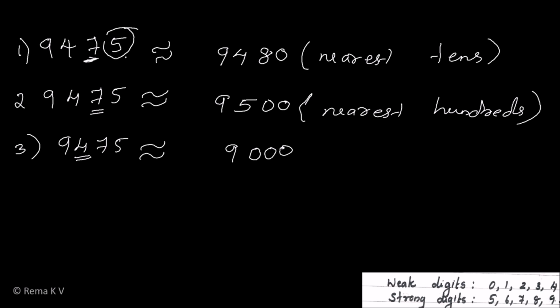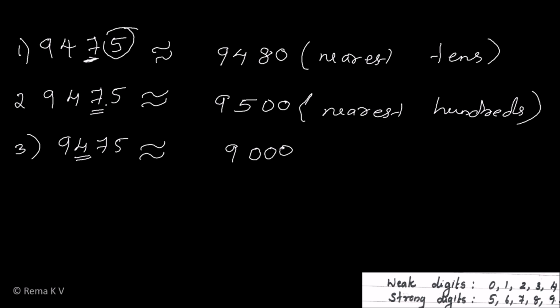Okay. So here in this one we are rounding off this number to the nearest tens. So for that one, check the ones place digit. That ones place digit is a strong digit here. So add 1 to this and write 0 in the ones place. Then 7 plus 1 gives 8. 4 is in the hundreds place, and in the thousands place write the same digits.